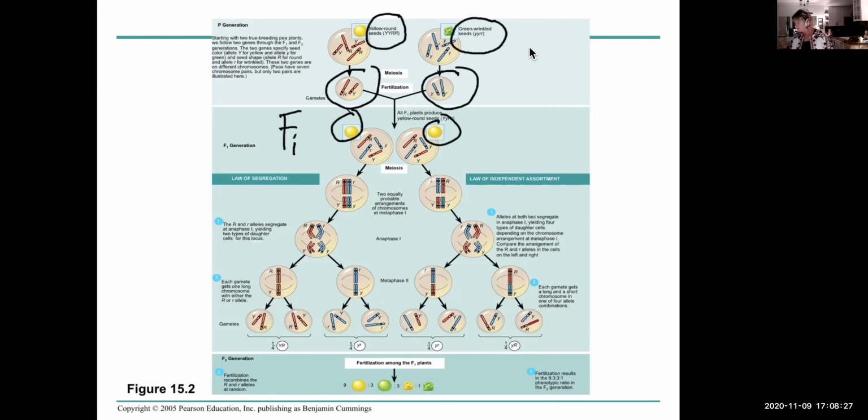And then we did another cross. The law of segregation is shown with this cross because of the way the chromosomes are separated. Here in meiosis 1, the homologous chromosomes are separated in anaphase. That's the law of segregation.